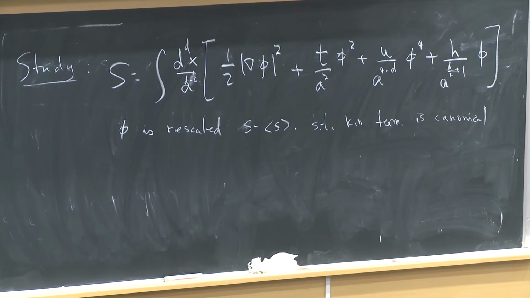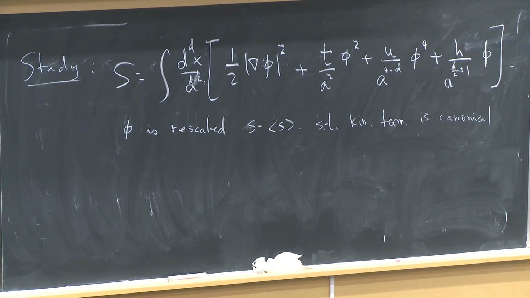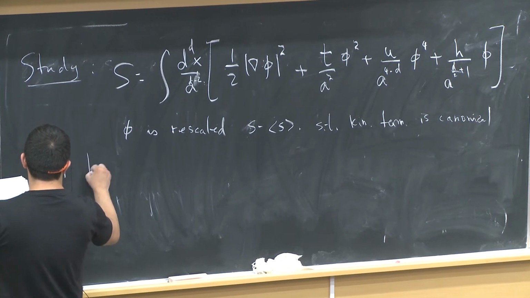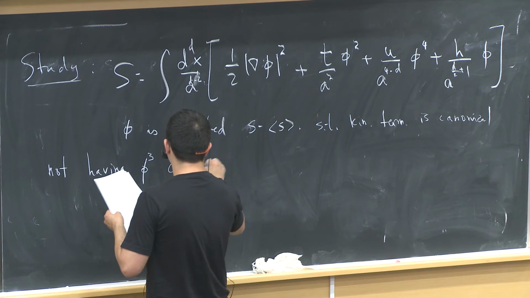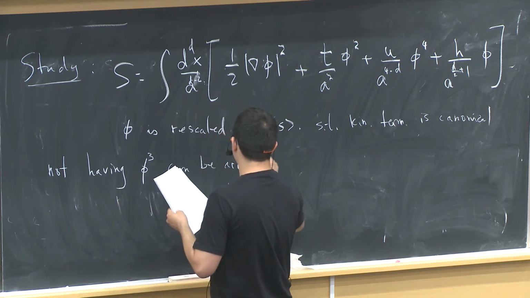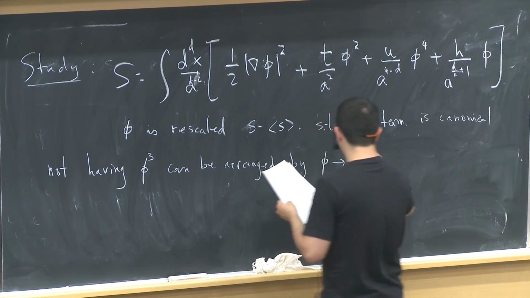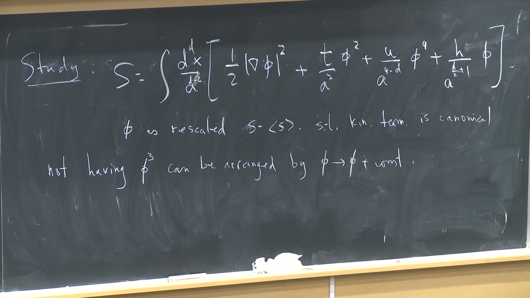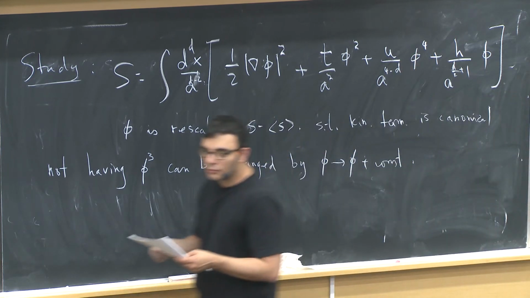It's a choice one can make, because not having phi cubed can be arranged by sending phi to phi plus a constant. If a cubic term was present, we can send phi to phi plus a constant and eliminate it, as long as this u is non-zero.